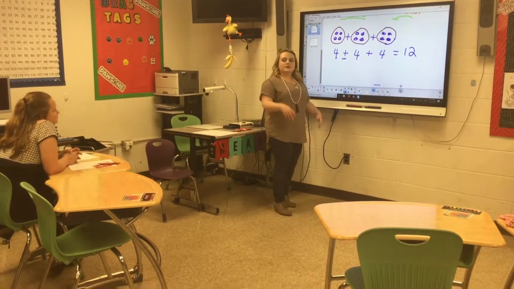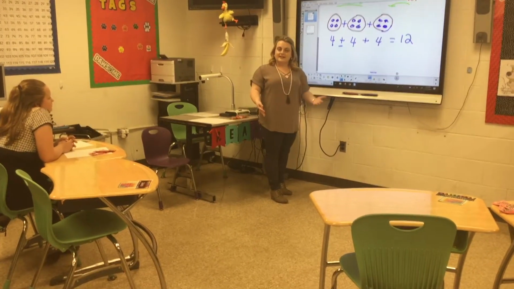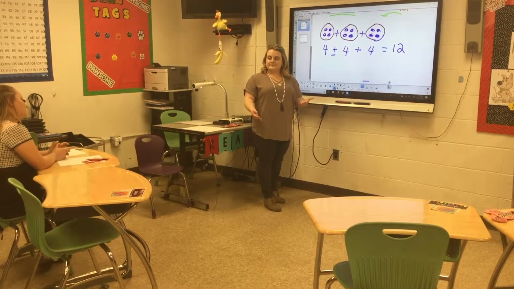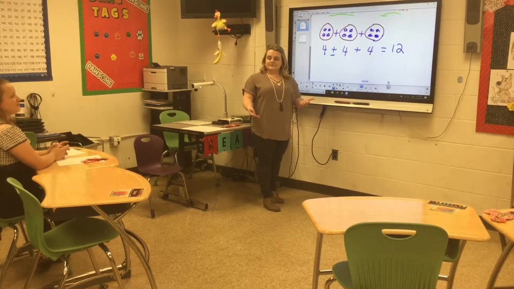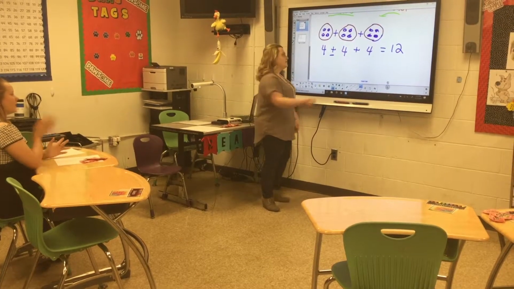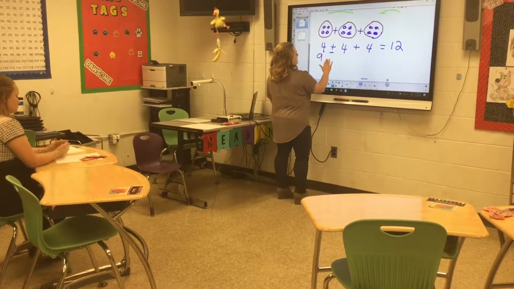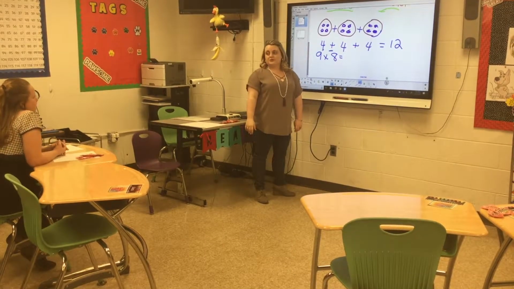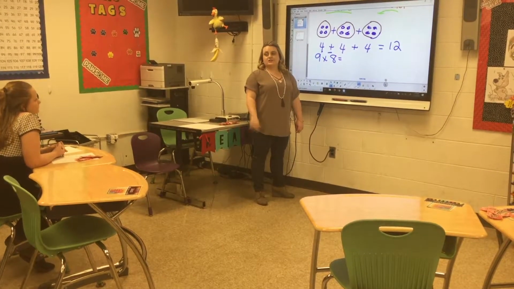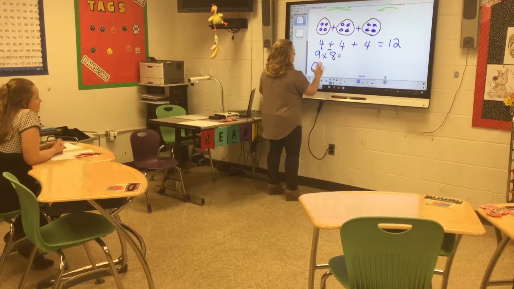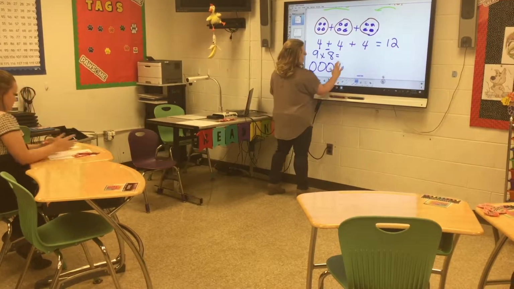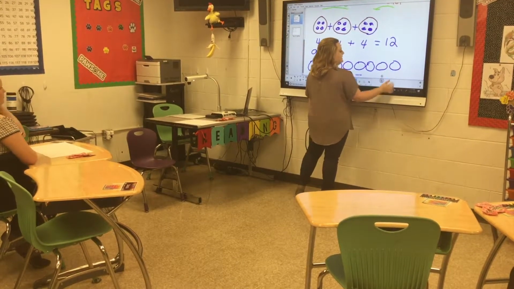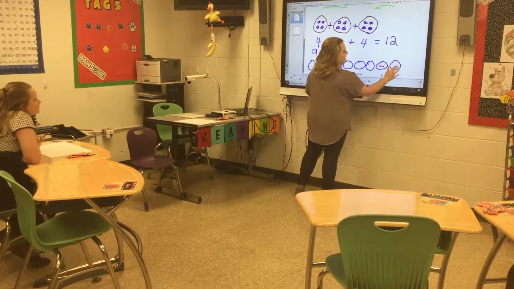So why would we want to use multiplication instead of repeated addition? Because it takes less time. Because if you had a number like 9 times 8, that would be a lot of circles, wouldn't it? That'd be a lot of things inside each circle. You'd have to go 1, 2, 3, 4, 5, 6, 7, 8, 9. Then you have to draw 8 things in all these.